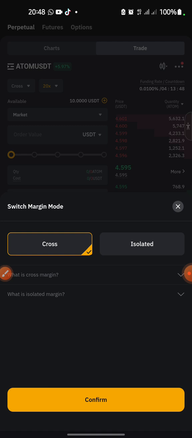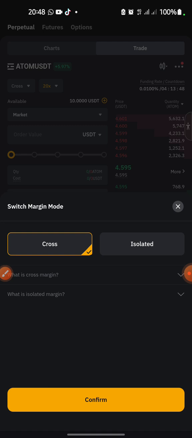Now the way isolated works is quite the opposite of cross margin mode. If you use $10 to enter a trade and the trade goes against you, your available balance won't be touched. Rather, it's the amount you used to enter the trade that will be affected. So if you use $10 to open a trade and you're losing $5, $7, it's not affecting your available balance, which is the $90.